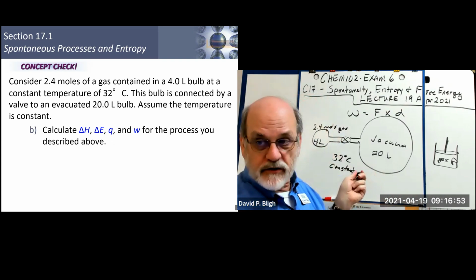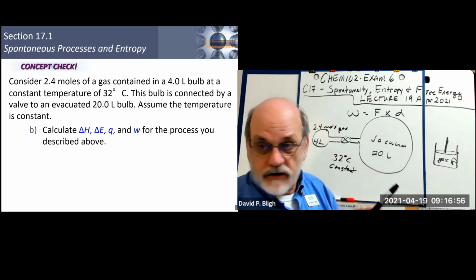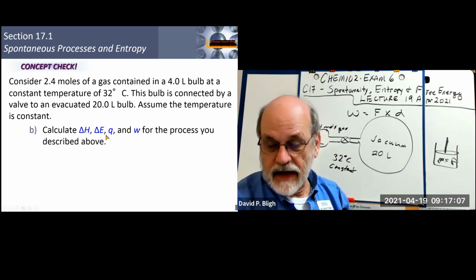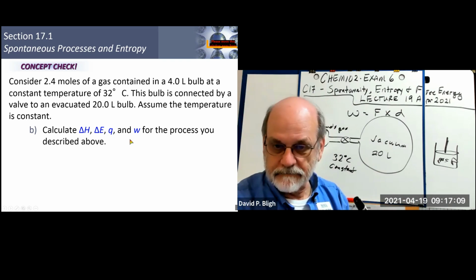But we just said the temperature is not changing, right? So you don't get any heat transfer. Consequently, you don't get any delta H transfer either. And we're going to save E for just a minute.